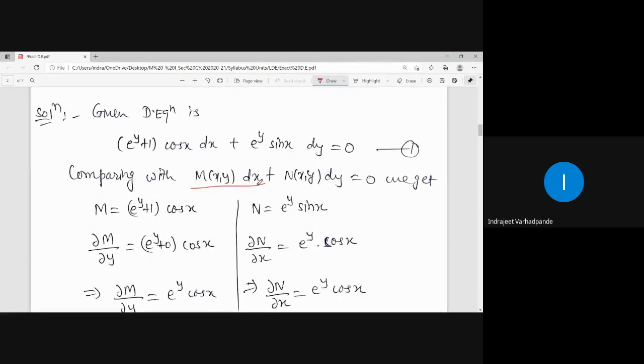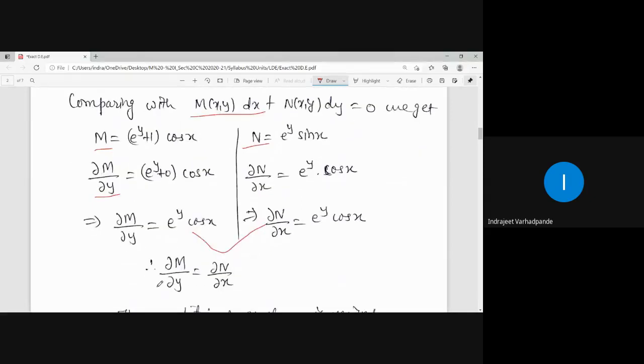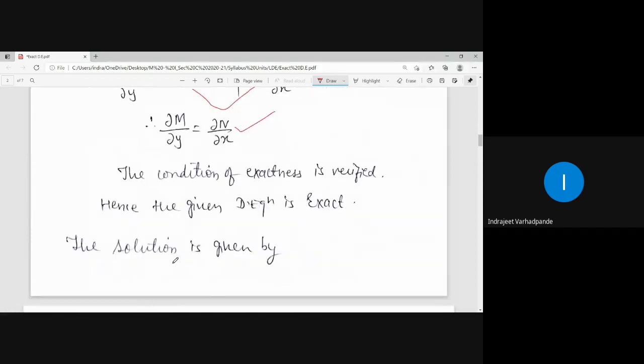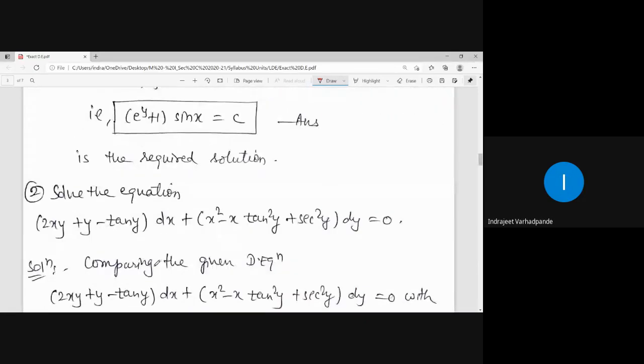M is a function of x and y, N is also a function of x and y. We derive the values of M and N, calculate the appropriate derivatives, and check whether they are equal. If they are equal, we write down the solution. So I think this problem was completed. Yes, sir. Fine. The next question.